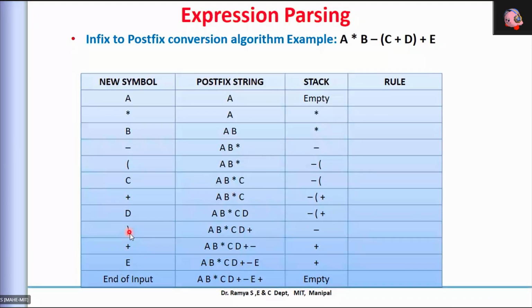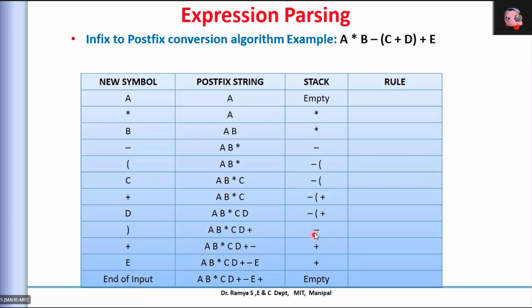The moment it encounters the closing bracket, whichever operator is within the brackets is going to come here. But you observe that the bracket itself does not come. You do not add the bracket here, just the plus; the bracket doesn't carry that information. So now once I have done this, in the stack I have only the minus.